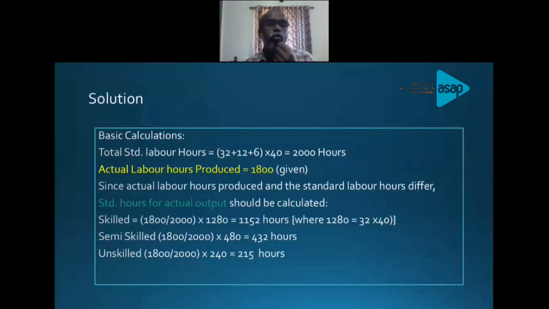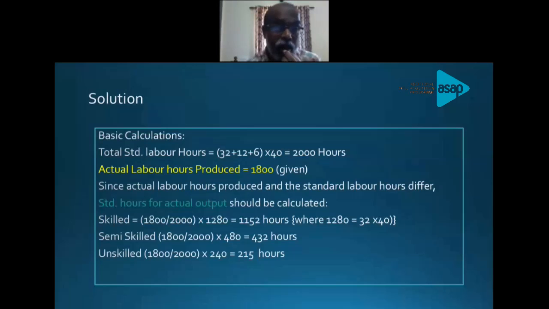So moving on to labor cost variance. Labor cost variance is standard hour into standard rate minus actual hour into actual rate. Students, you should be very, very careful regarding the standard hours.